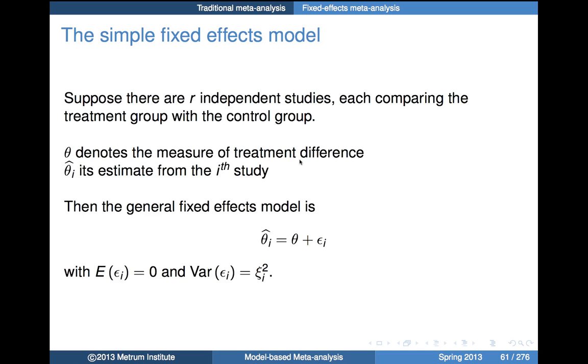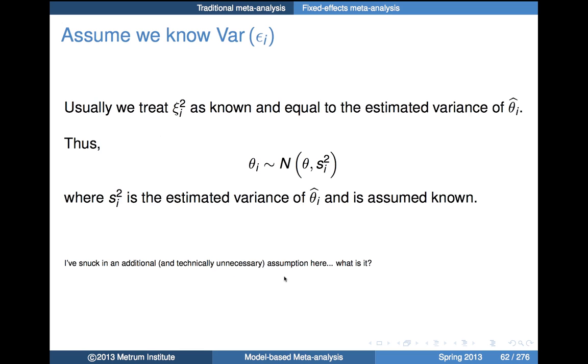Strictly speaking, in a fixed effects meta-analysis, we don't have to assume normality. We can simply define the model theta hat i equals theta plus epsilon i, where the variances of epsilon i are known and the expected values are equal to 0. But we'll go ahead and make this additional assumption about normality, and maybe think about that a little as we move ahead.